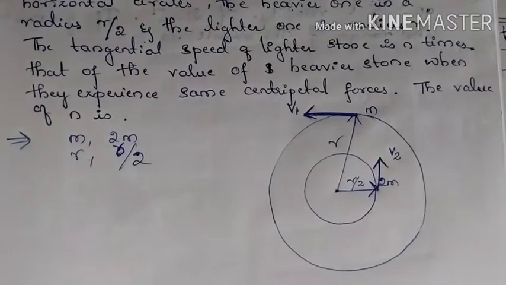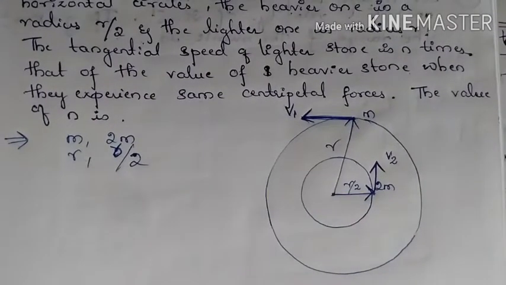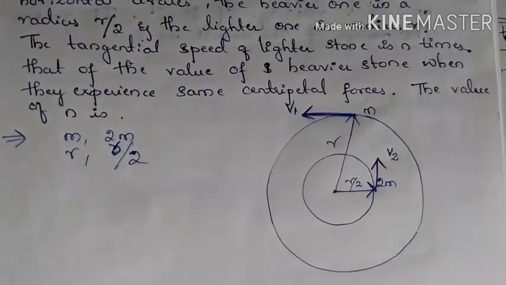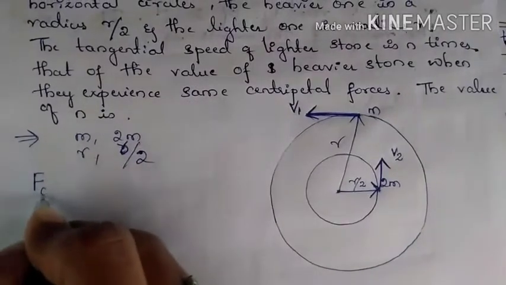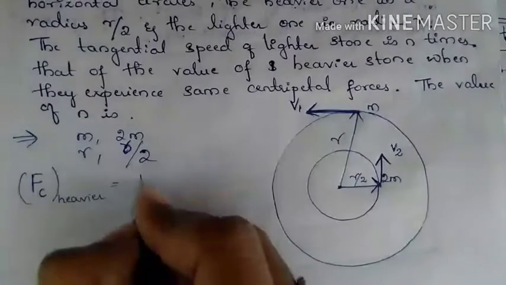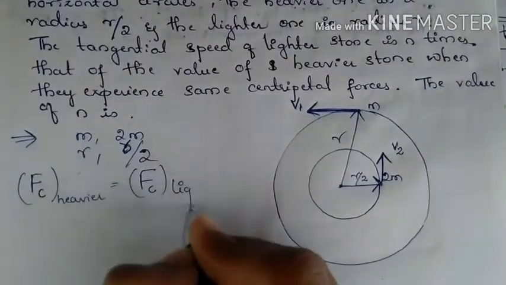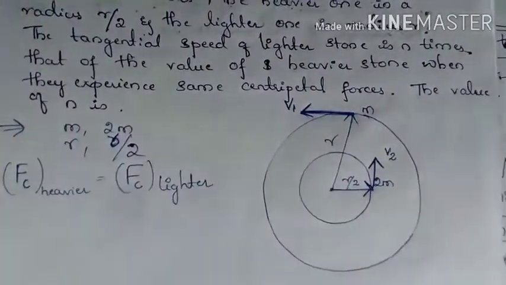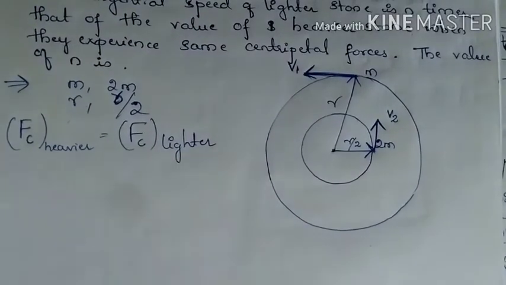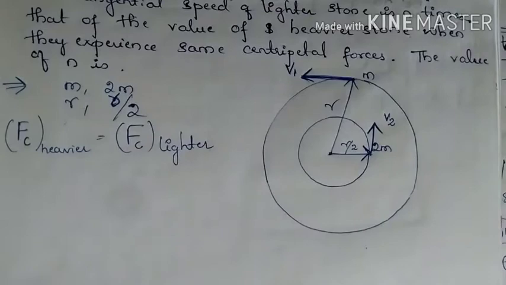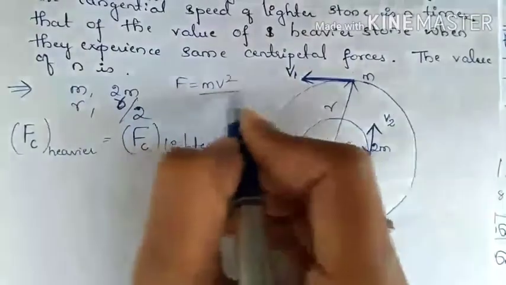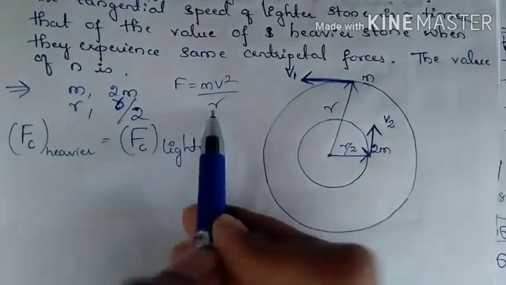As the lighter stone's speed is n times that of the heavier stone when they experience the same centripetal force, we can write Fc heavier is equal to Fc lighter. Fc means centripetal force. The centripetal force is F equals mv square by r.